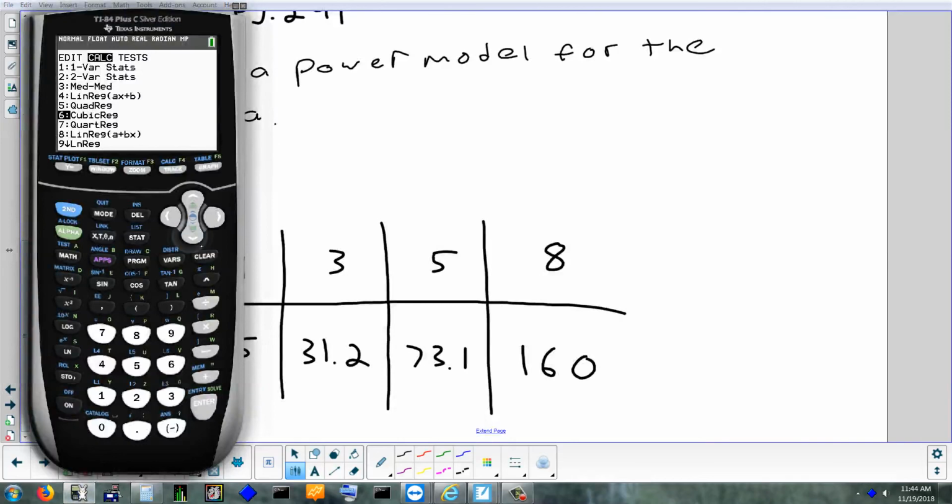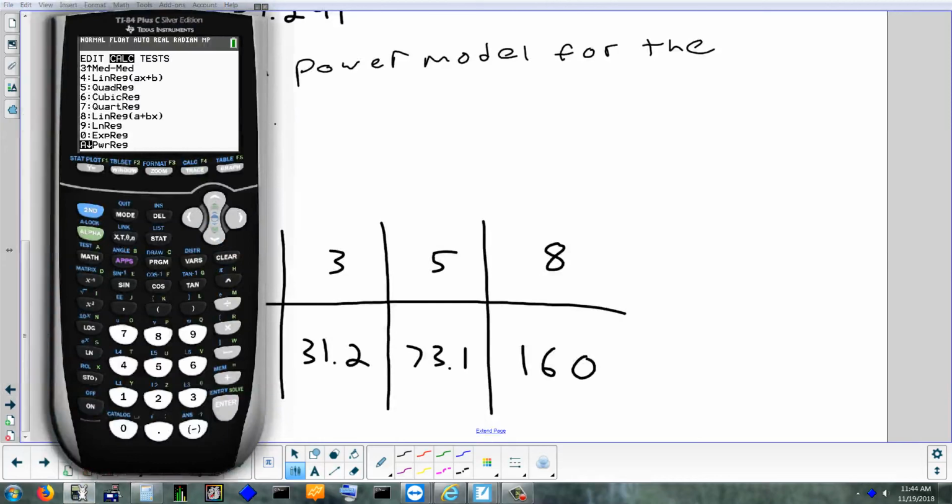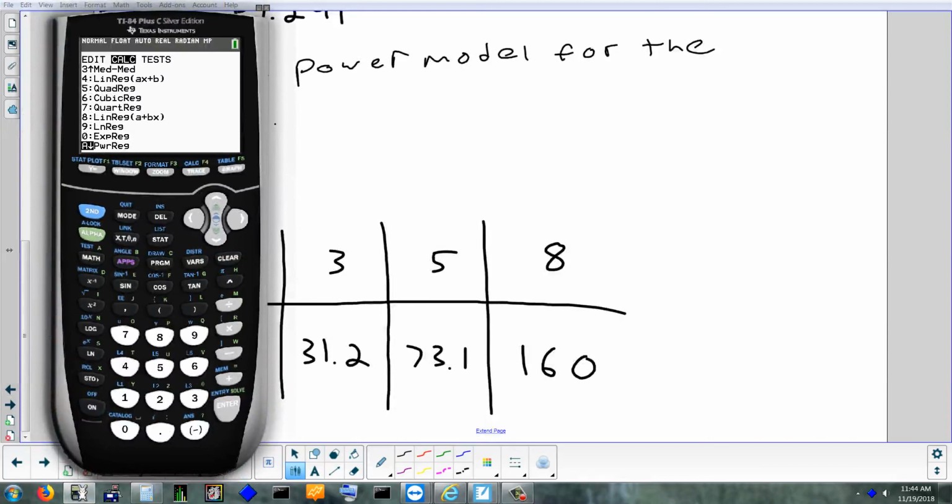So if you press down, or actually it's probably faster to go up because it's at the very bottom of the list. Power regression. On my calculator it's option A, but if you're using a different one, it's the one that says power regression. Once you're on power regression, just hit Enter.